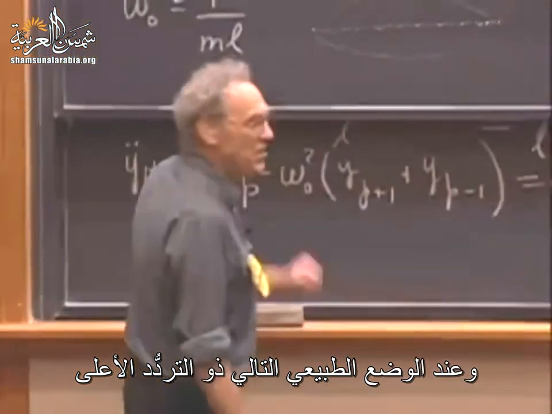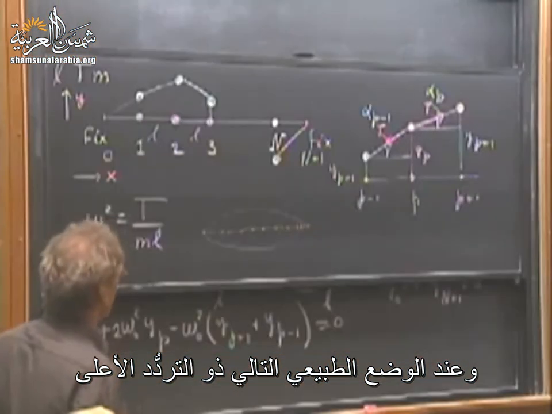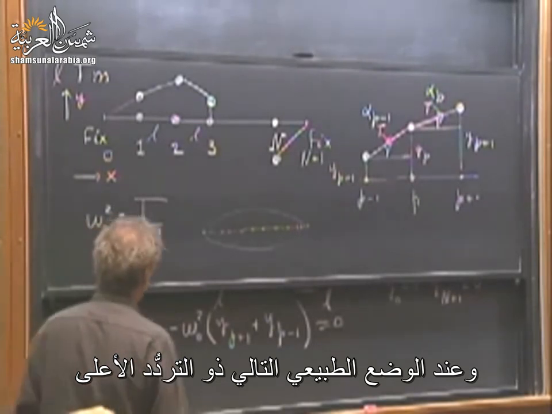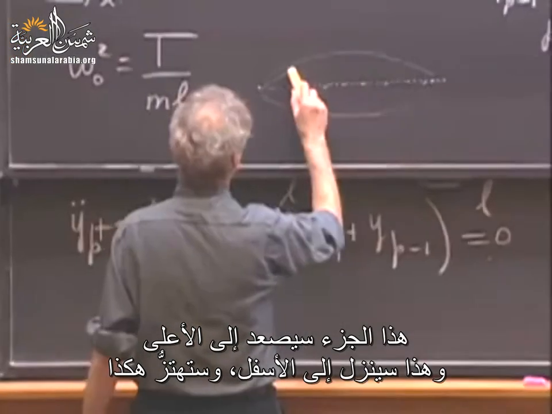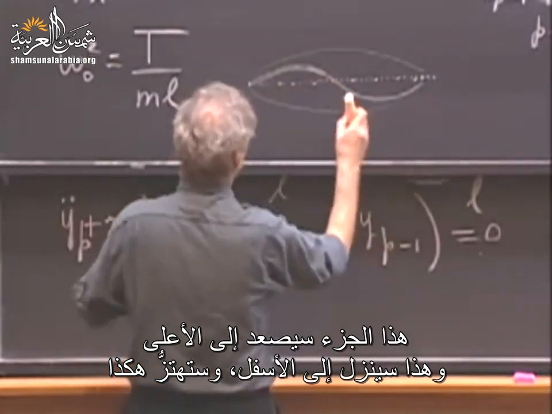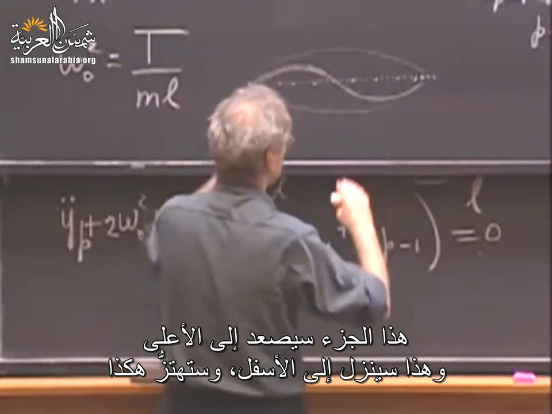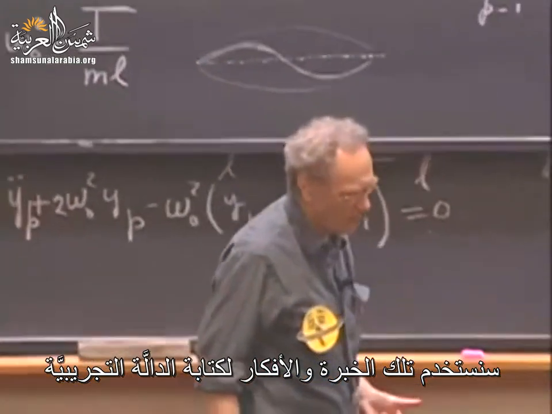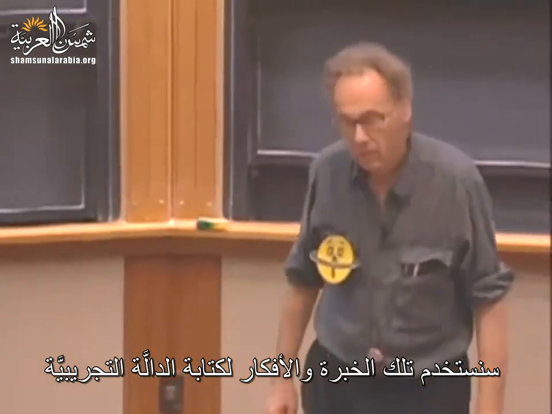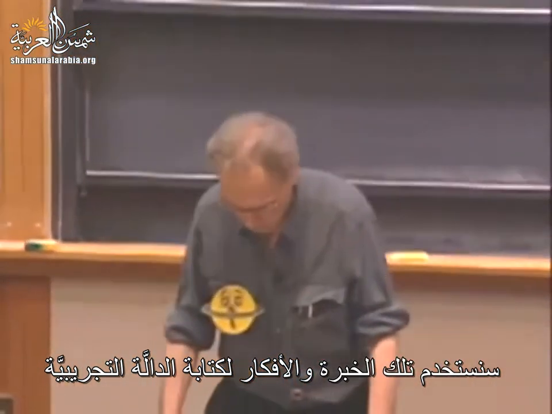And you know that in the second normal mode, the one that follows, that has a higher frequency, you expect that this side goes up, this goes down, and then it will oscillate like this. So we use that experience, which is not very rigid, in order to decide on our trial function.